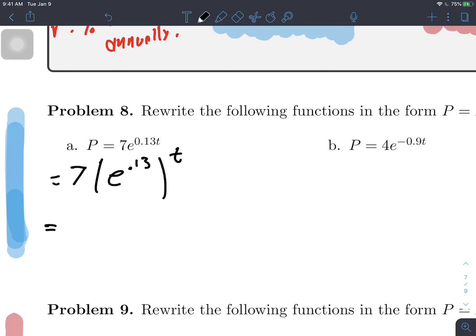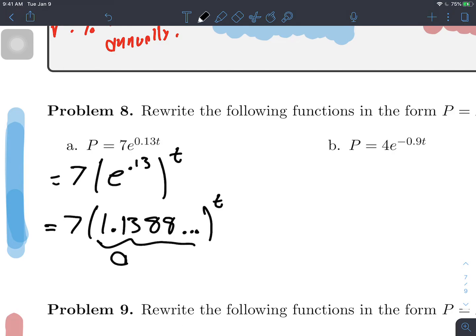Now I'm just going to plug e to the power 0.13 into my calculator. I did it beforehand and I got 1.1388..., meaning there are more numbers as it goes on. I think it's irrational. To the power t. So this right here is our a.